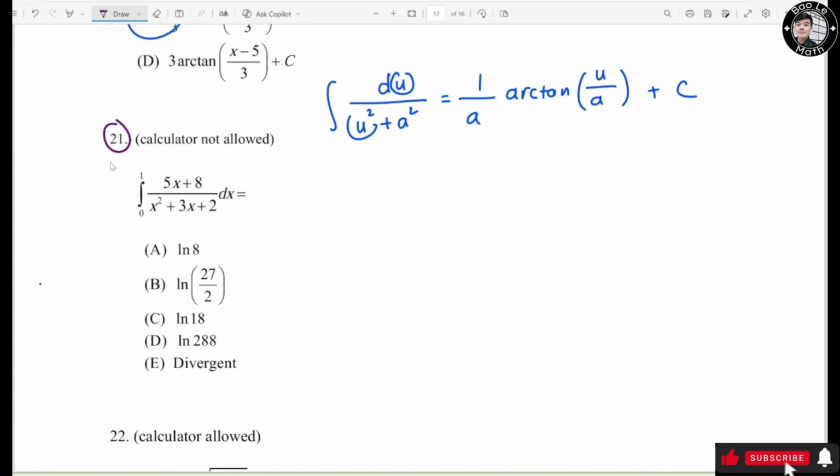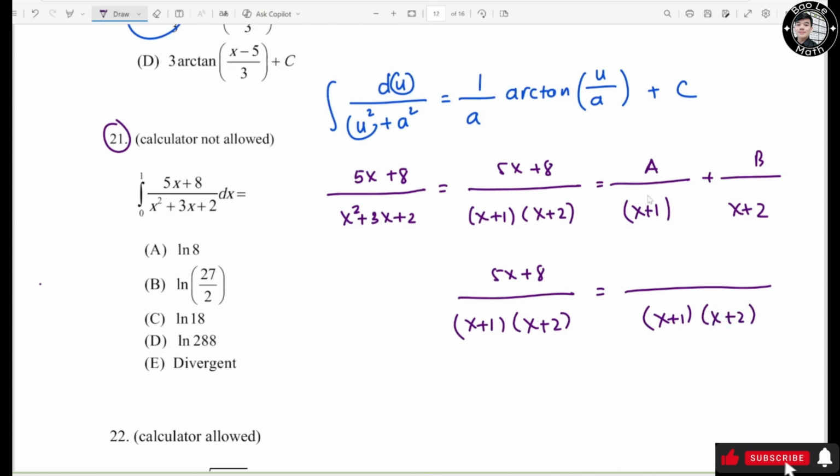Question 21. The degree on the numerator is less than the degree on the denominator. Think about partial fraction decomposition. Now we need to find two numbers that multiply to 2 and add up to 3, so the denominator becomes s plus 1 times s plus 2. It turns out to be 1 and 2. And then it's going to be a times (s plus 2) plus b times (s plus 1). Now you just equate the numerators because the denominators are both the same.